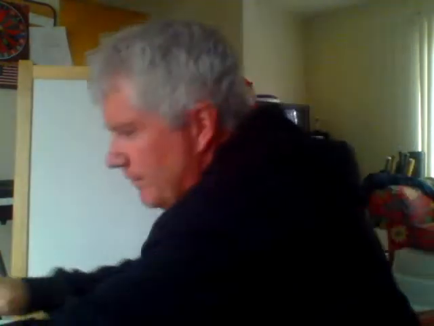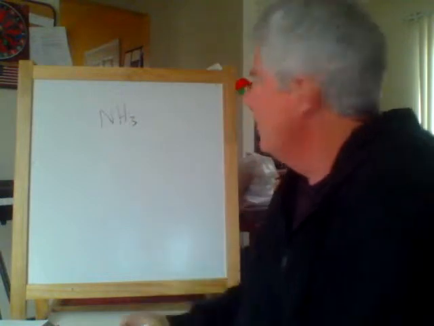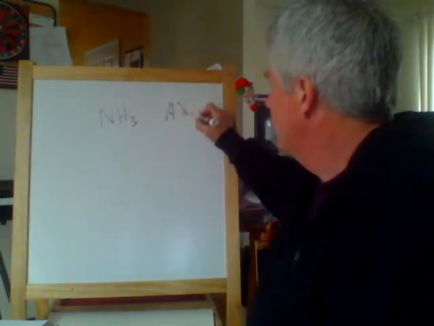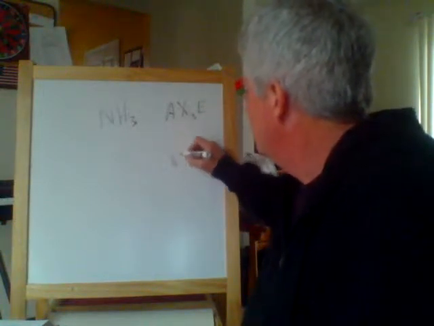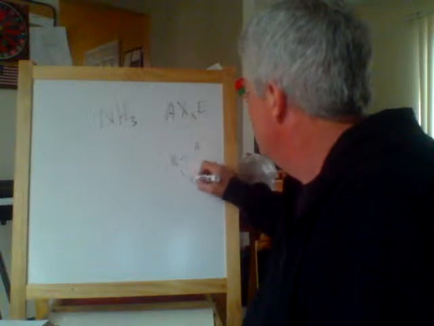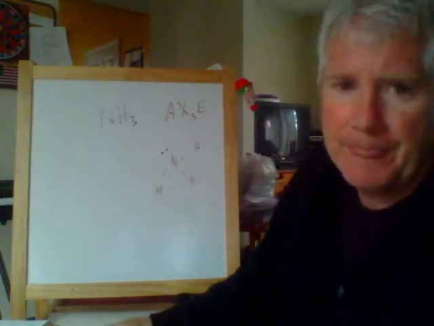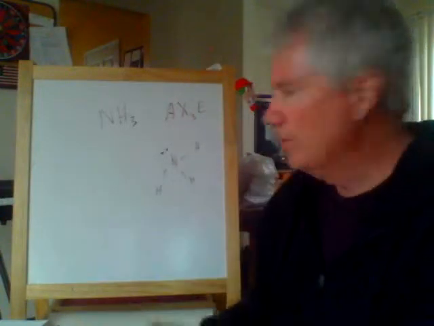Okay. First one I want to do is good old ammonia. If you remember ammonia from chapter 10, this is one of these AX3Es, because from a Lewis standpoint, it's N, H, H, H, and a lone pair. Now, let's look at this from an orbital standpoint.